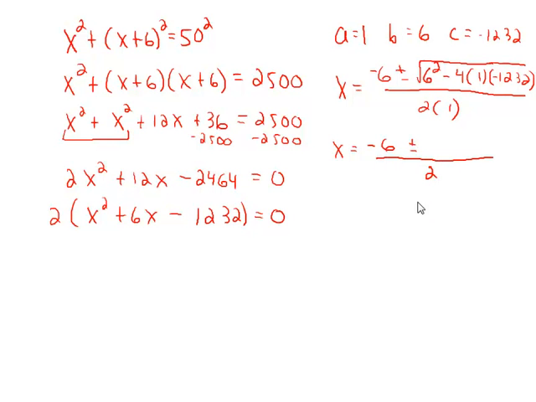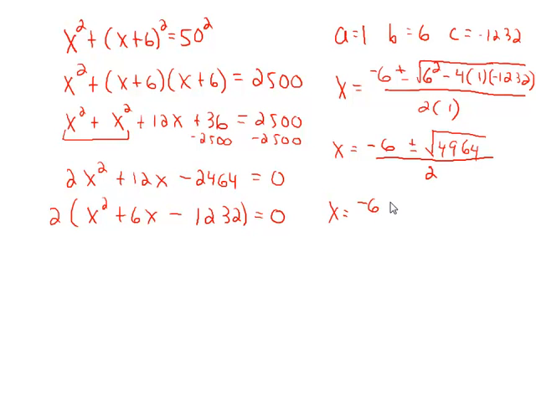I need to simplify the radicand. 6 squared is 36. When I multiply this all out, I get 4,928 plus the 36, which is 4,964. I happen to know that to simplify this, I could factor out a 4. The square root of 4 is 2.